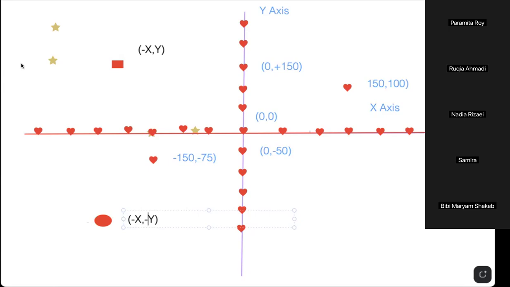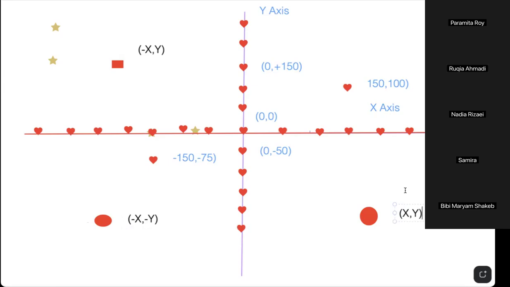Now what if we have here? If the cat has come here, now I'm going to ask you to tell me what will be the sign of the x and the y. Who's going to give me the answer? Teacher, can I say? Yeah.